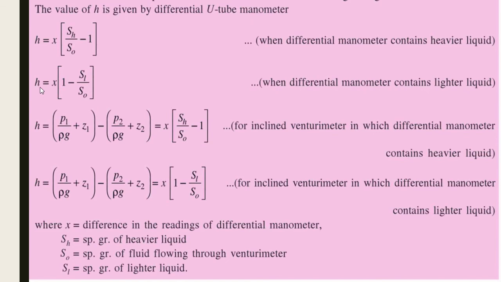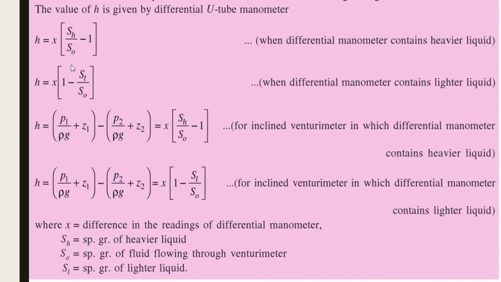But I can make use of this formula as well. H is equal to X into 1 minus SL by SO. This is used when the manometer liquid is lighter than the liquid that is flowing inside the pipe. For example, water is flowing inside the pipe, but the fluid inside the manometer is some oil of specific gravity 0.9.